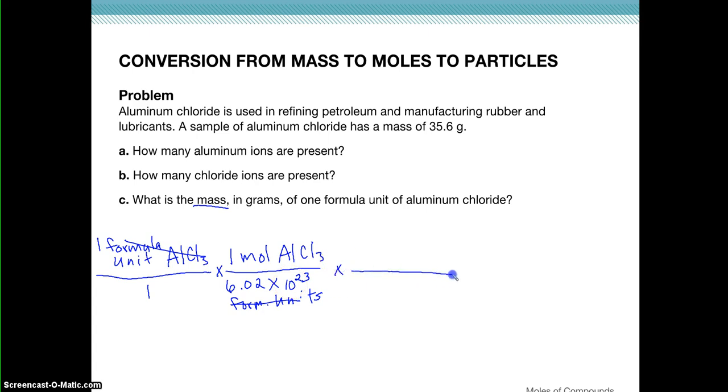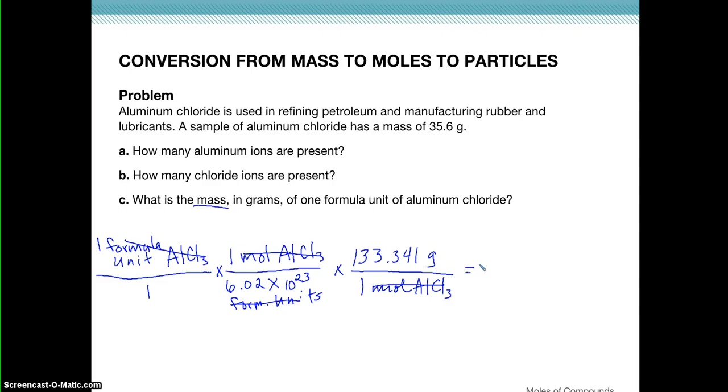All right, now we're in moles. We want to get to grams, so we're going to use our molar mass again: 133.341 grams per mole of aluminum chloride formula units. So our moles cancel. Okay. Now, I would hope that you expect this number to be very, very small. We're talking about the mass of 1 AlCl3.